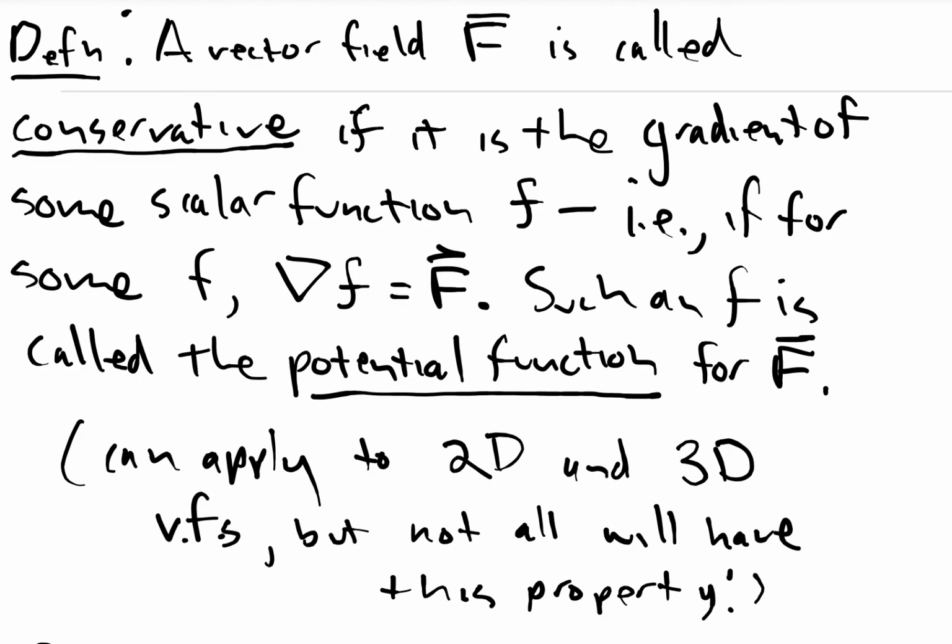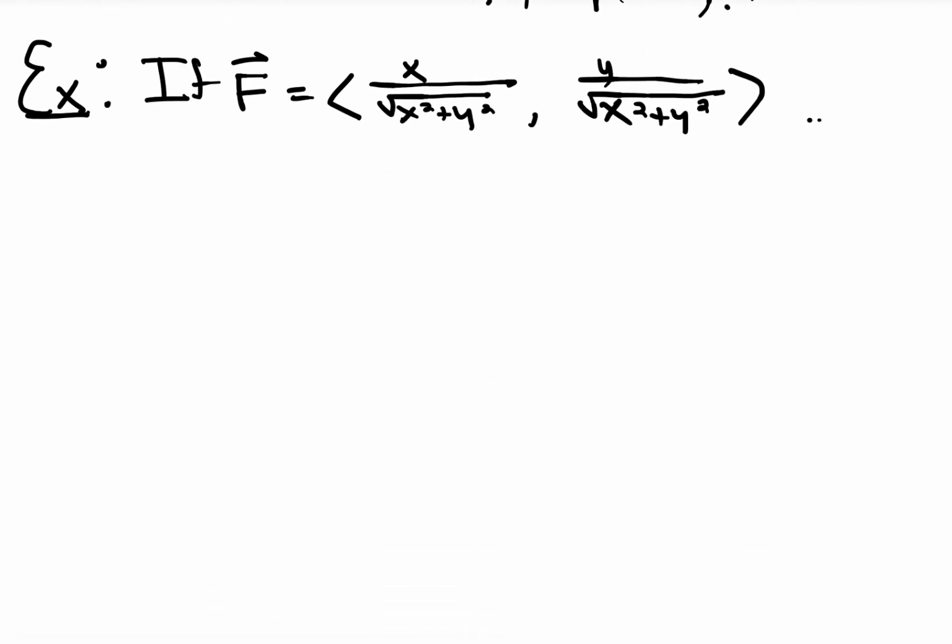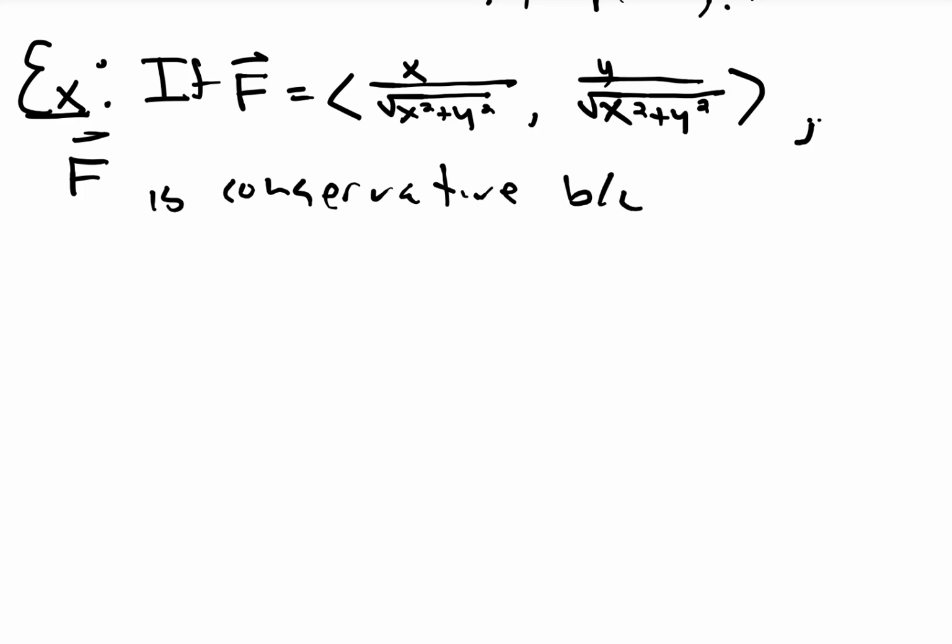I'll try and touch on an example real quick here. We've seen this before. This was basically the gradient that we got when we took the gradient of that cone, right? So if this is my vector field, there are two conclusions I can make. First off, sure, F is conservative. This is because if you take the gradient of that square root of x squared plus y squared function, you're going to get F back.